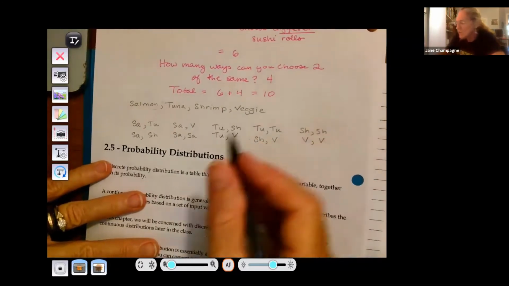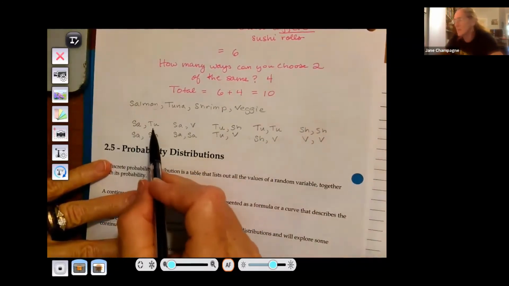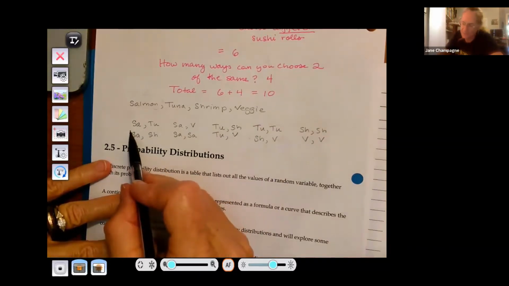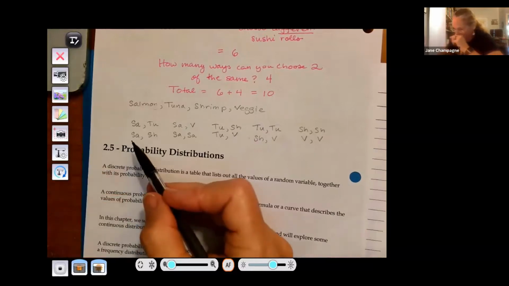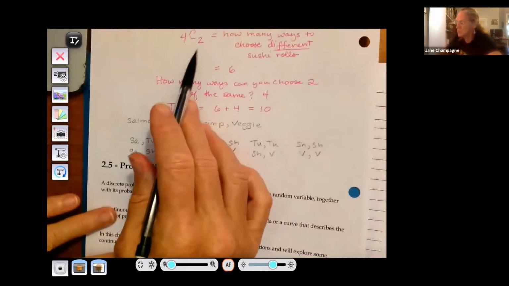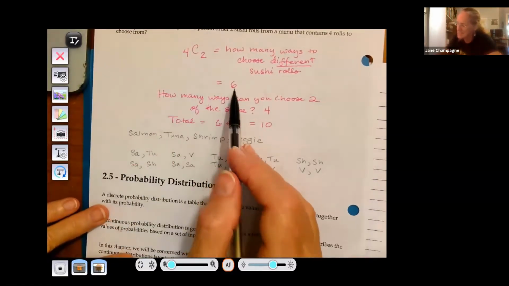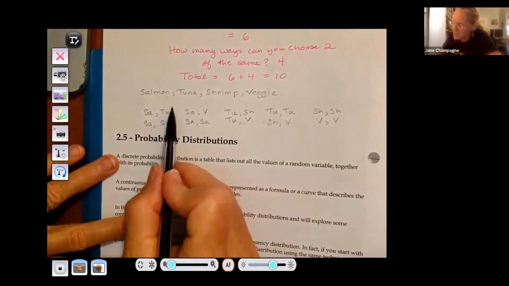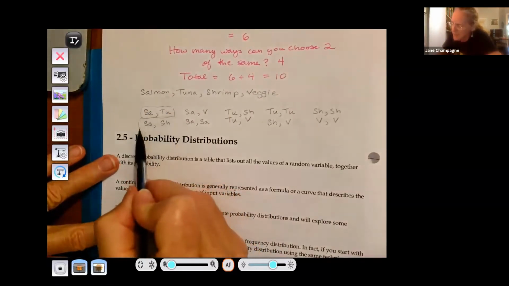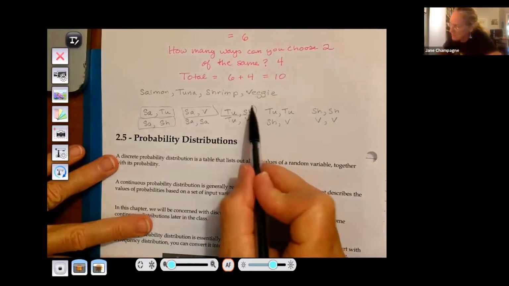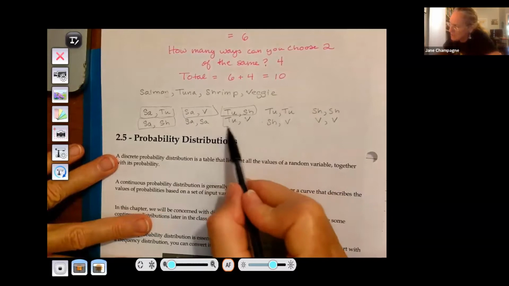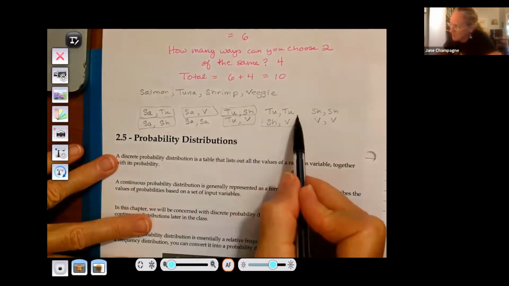Order doesn't matter, right? Salmon and tuna is the same thing as tuna and salmon. Salmon and shrimp is the same as shrimp and salmon. So that's why it's 4 choose 2. Those 6 are the ones that are different: salmon tuna, salmon shrimp, salmon veggie, tuna shrimp, tuna veggie, shrimp veggie.